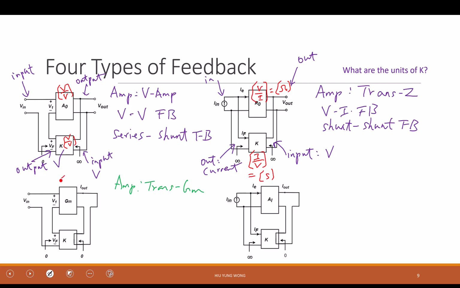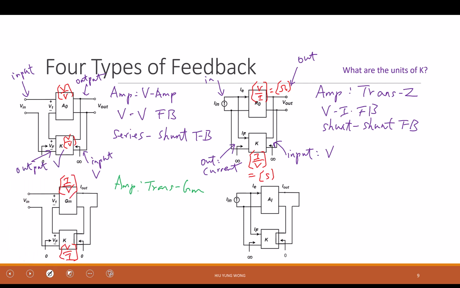So the unit for Gm is I over V, and for K is V over I. Again, they need to go back to unit. And that's why you can have 1 plus Ka. Have you ever thought about that? Ka needs to be unitless, otherwise you cannot add it to 1. 1 is unitless. So many things for you to cross-check.